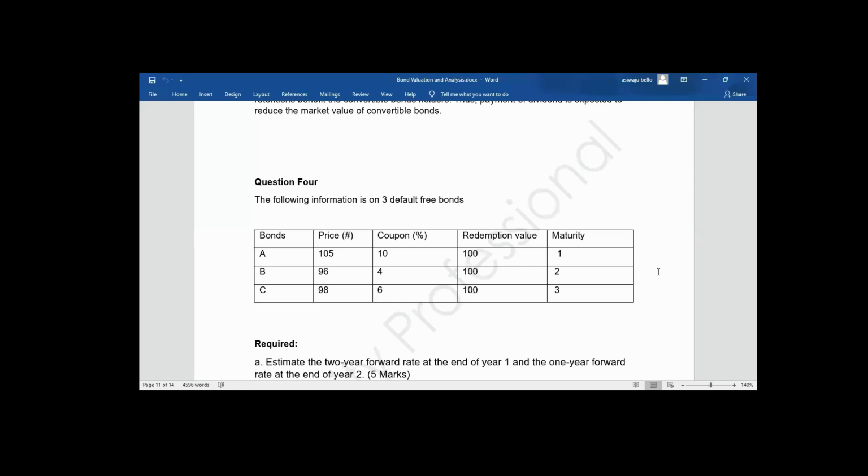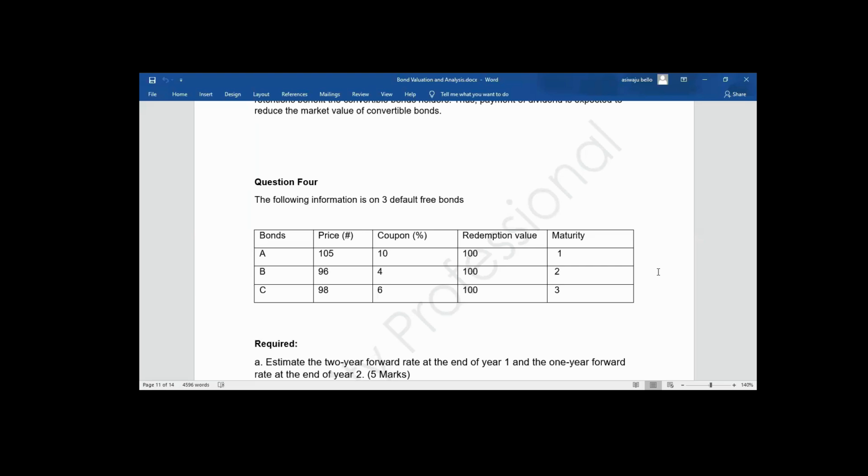The spot interest rate is that interest rate paid or received on deposits or loan by the investor at maturity. That interest rate received on the maturity of the debt instruments is what we call spot interest rates.